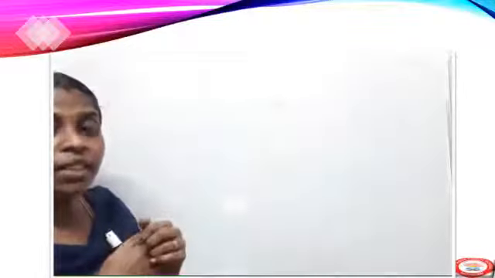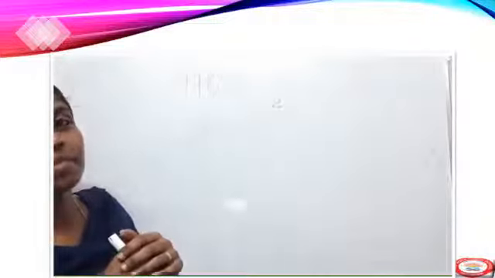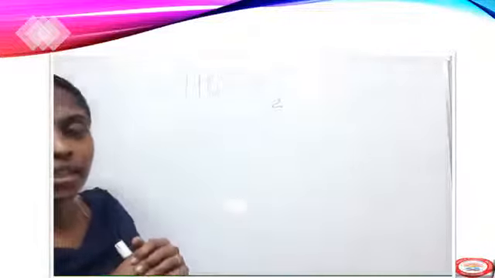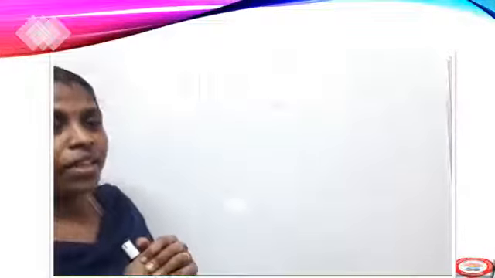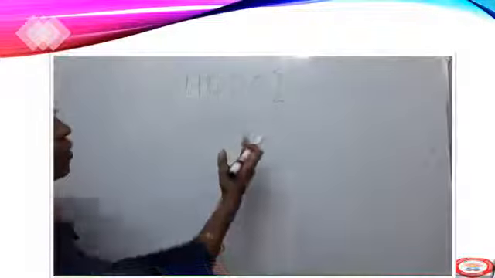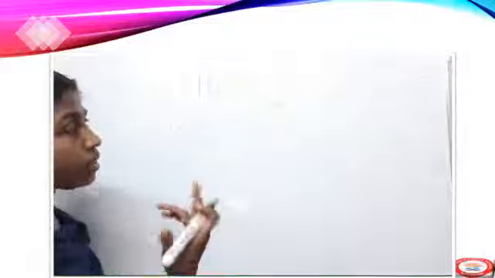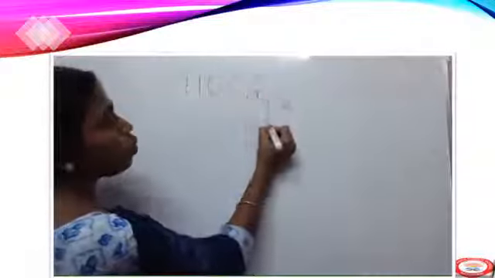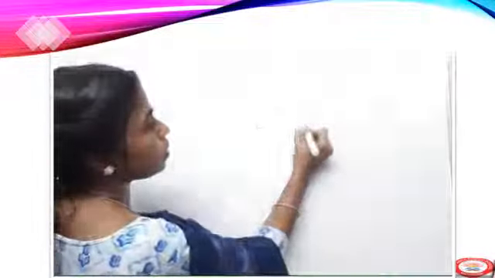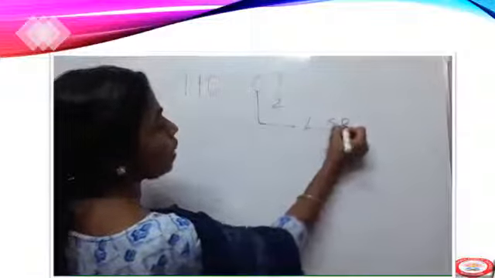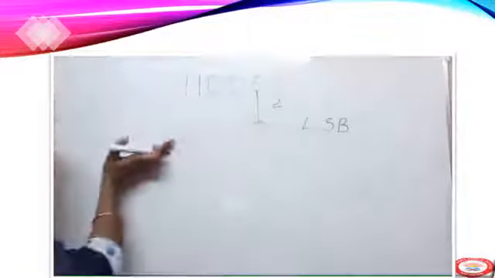Then we will get the corresponding decimal number. Let us start. We have to start from the least significant bit. Where is the least significant bit? The rightmost bit is known as the least significant bit. We have to start from the least significant bit.